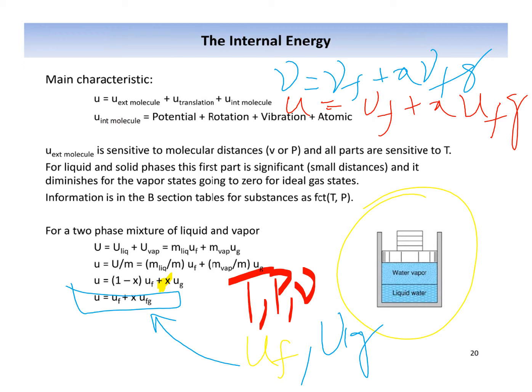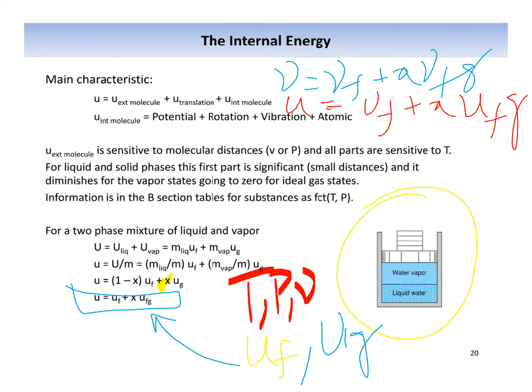Presently we only consider that whatever system we are talking about contains a pure substance, and it might be present in the form of liquid or vapor, but it should be the same material, and it should be a homogeneous material as well.